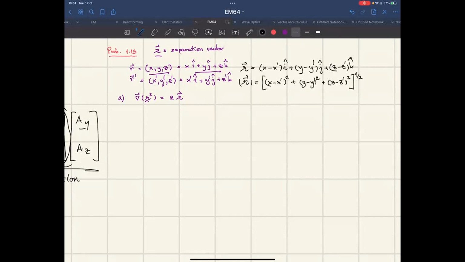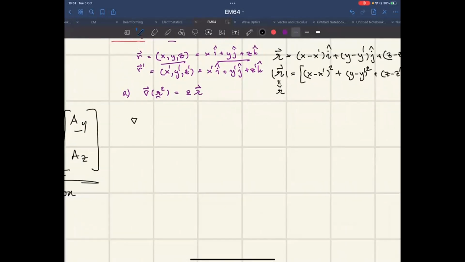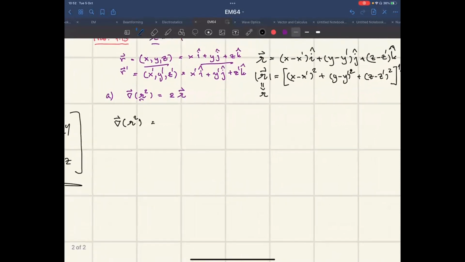Any questions? Or you can write it just without the arrow on top. So now we find the gradient of this term here, this R square here.